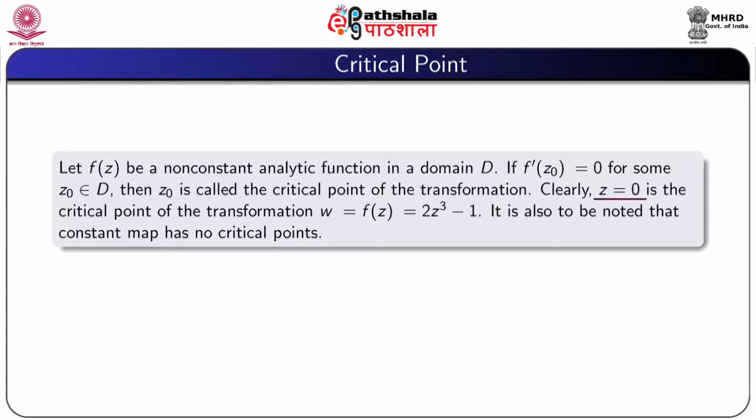Clearly, z = 0 is the critical point of the transformation w = f(z) = 2z^3 - 1. It is also to be noted that a constant map has no critical points.